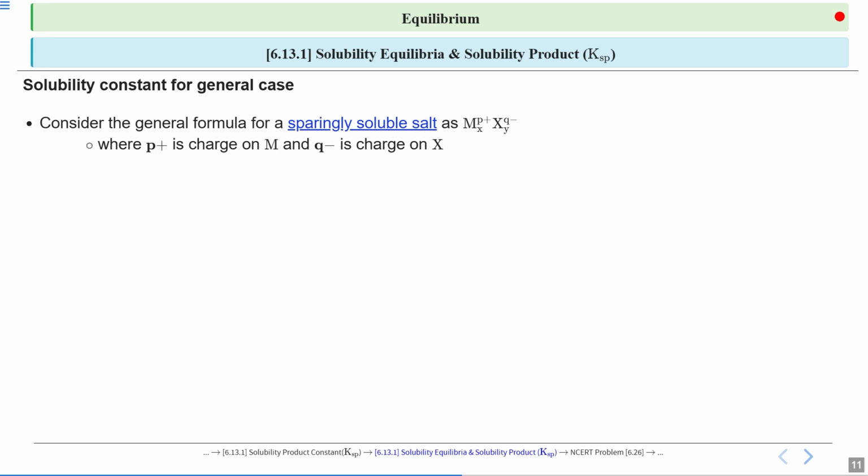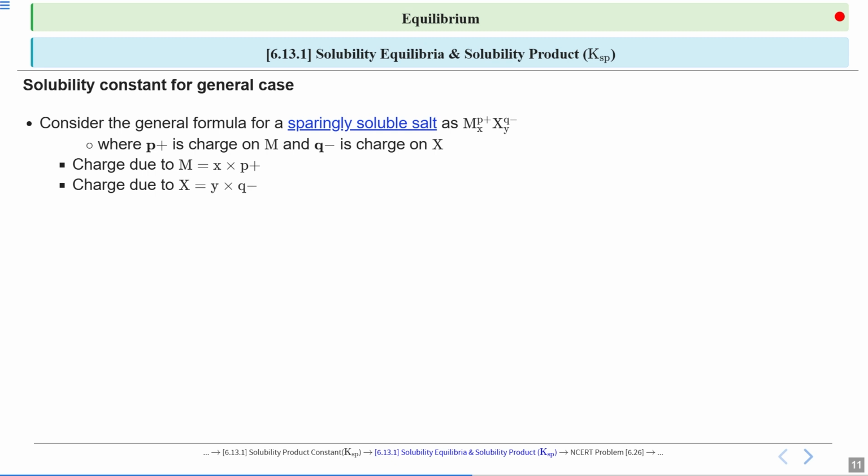We will use this part. Next, if I ask you what is the charge due to M, you would say that x amount of M is present and on each there is a p+ charge. Therefore, the total charge due to M will be x into p+. What about the charge due to X? That would be y into q-, right?